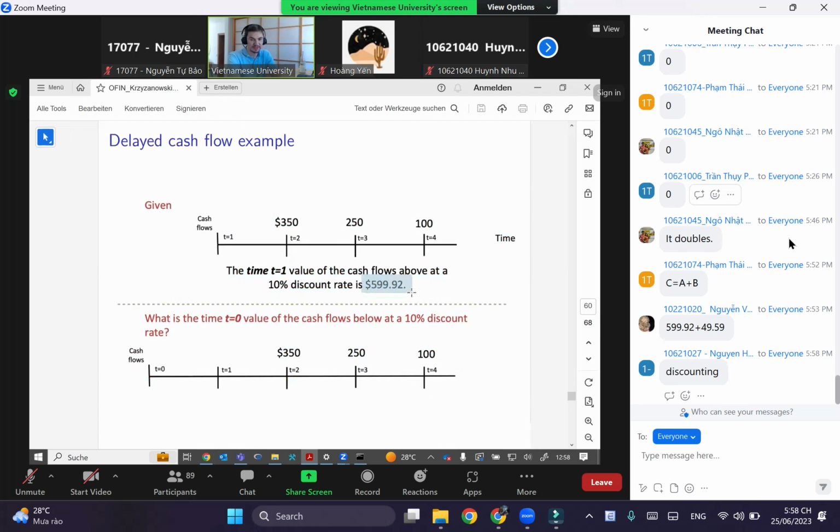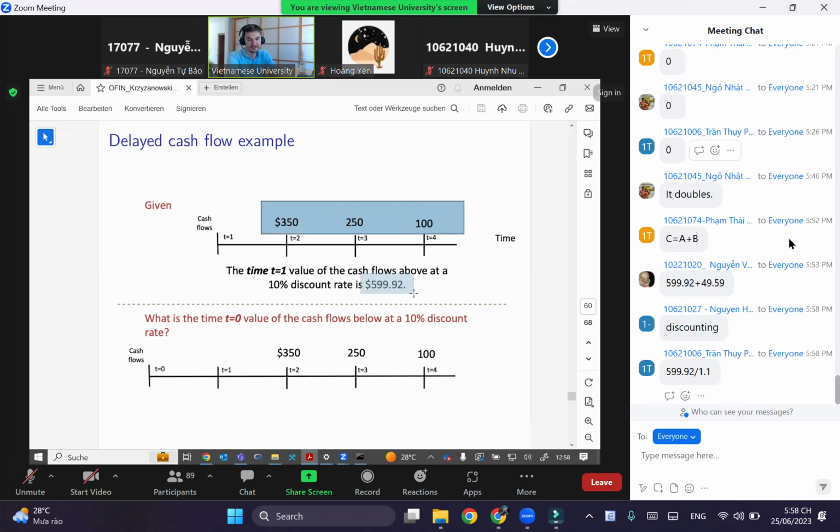Well, 599.92 is the T1 value of this stream. So what we would have here in T1 would be our 599.92. That's the T1 value of our cash flow stream as described here.